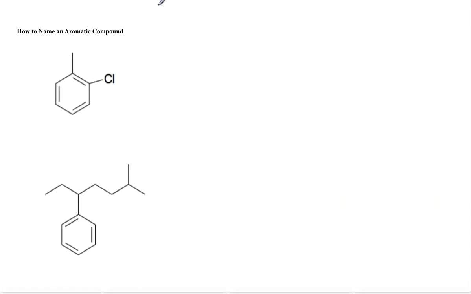So let's look at the naming. So just like with the other cyclic carbons, we can have the benzene as the parent, where it is the longest chain, or we can have it as a substituent. When we identify it as the parent chain, we simply call it benzene, and then the naming is going to be the same as with the cyclic alkanes.